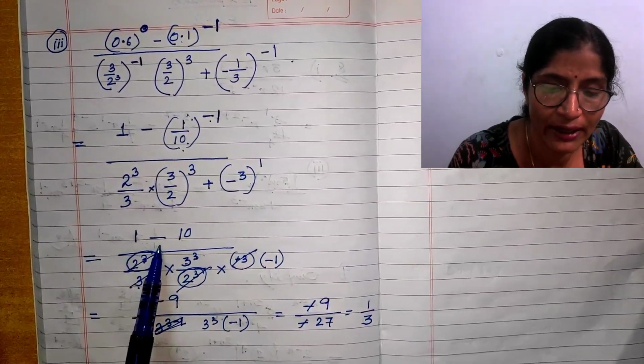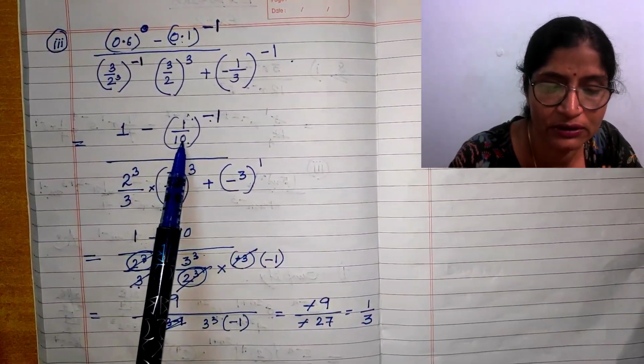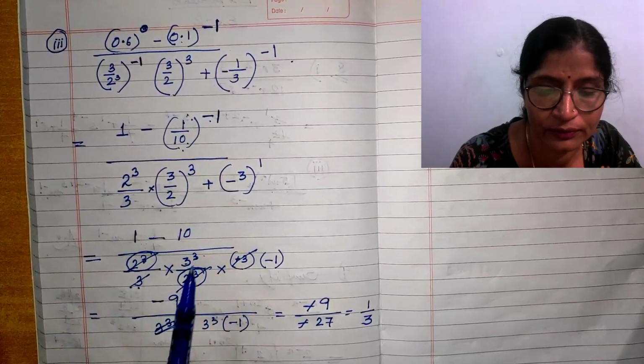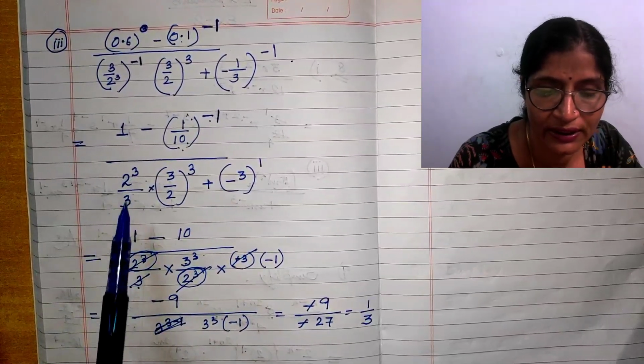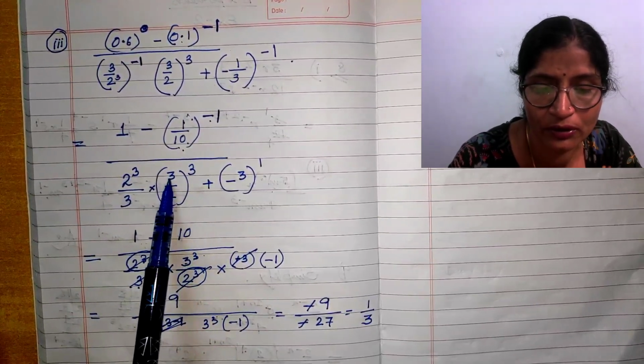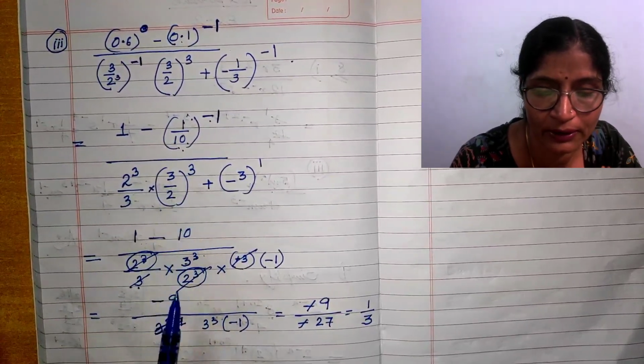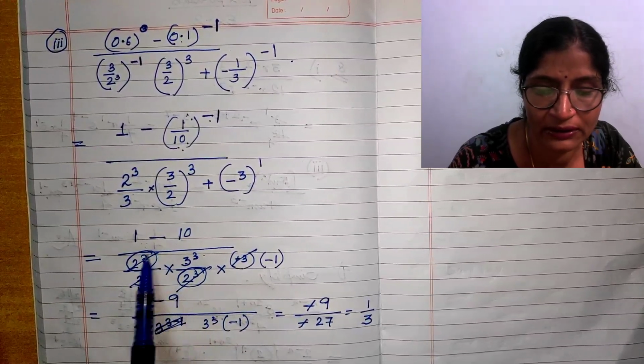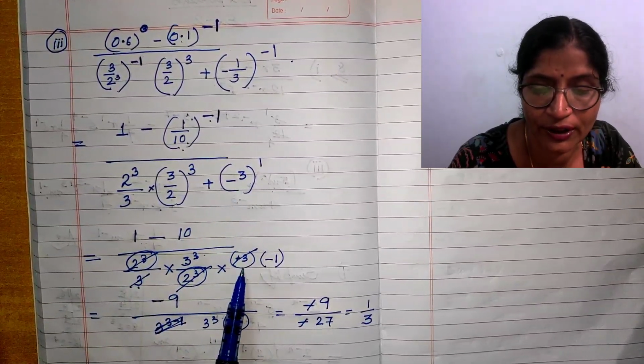Now 1 minus 10, why? Because this will come here to make it positive, 10. Then this I have written as 2 to the power 3 by 3 into this breakdown 3 to the power 3 and 2 to the power 2. This will be cancelled and this will become 3 into minus 1.